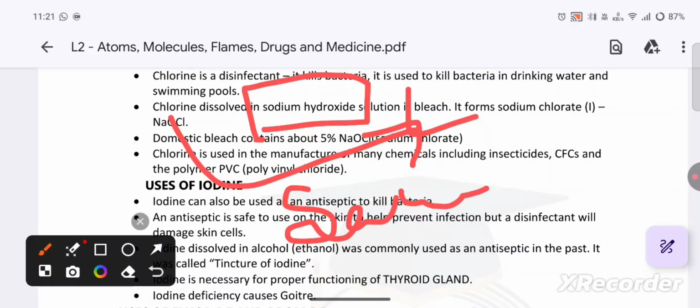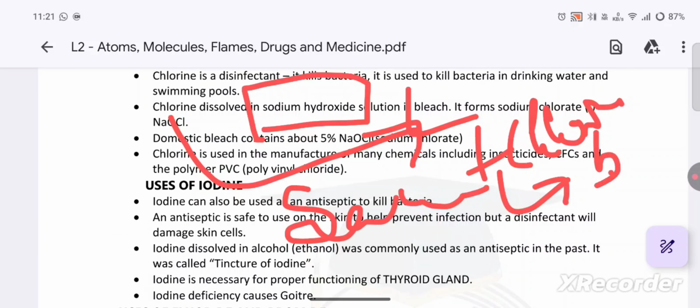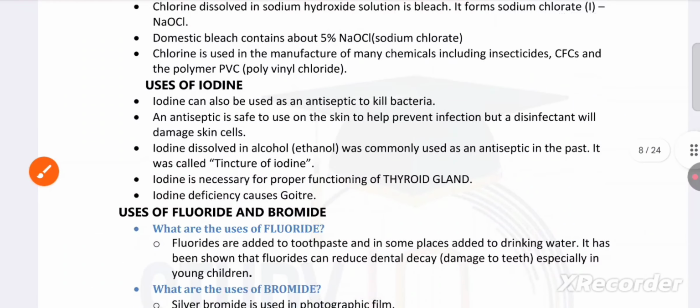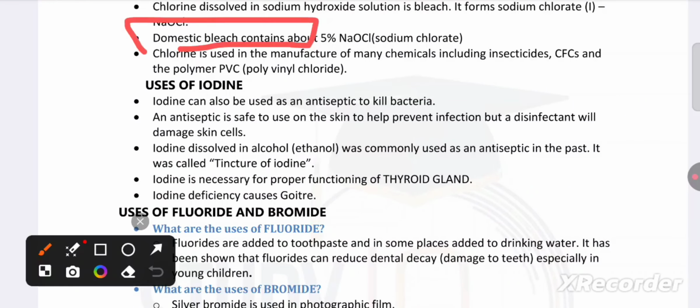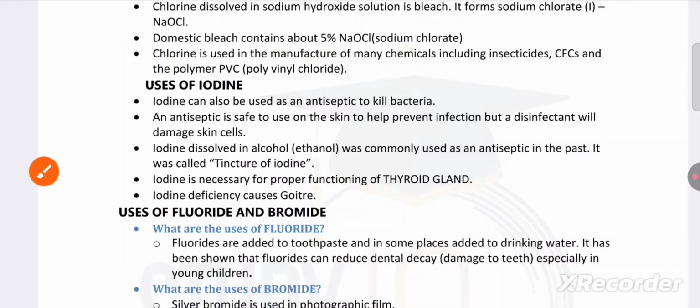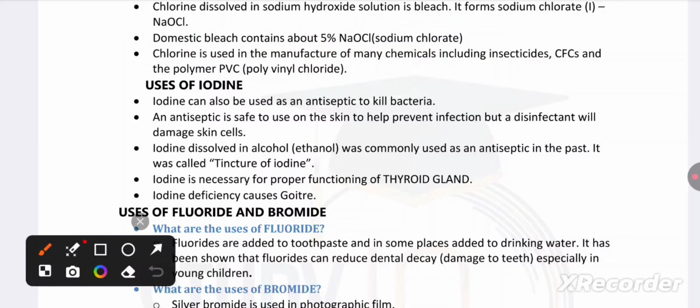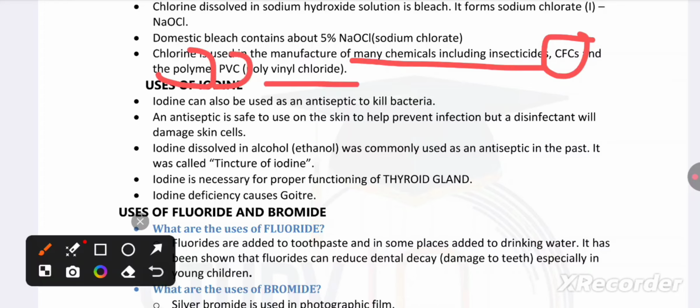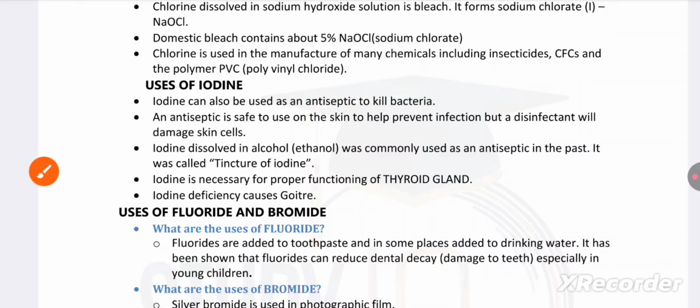Sodium hydroxide plus chlorine gives bleach. Domestic bleach contains 5% sodium hypochlorite. Chlorine is used to manufacture many chemicals including CFCs and polymers like PVC, polyvinyl chloride, used in PVC pipes.